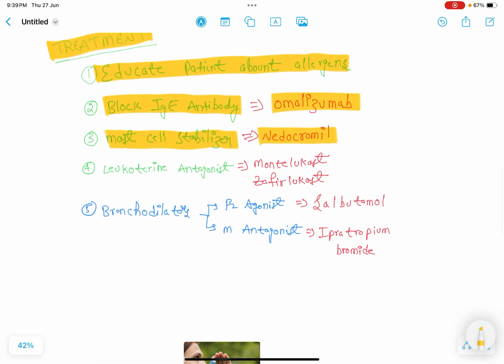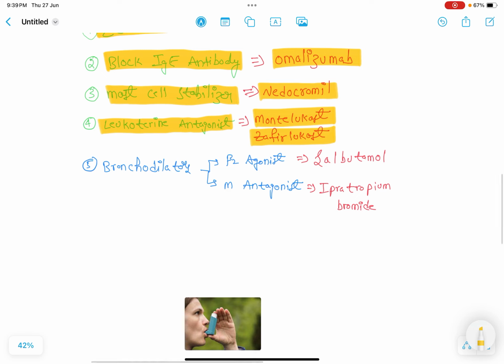Next, we have to give the leukotriene antagonist. We have to stop the activation of leukotrienes. And the examples here are zafirlukast and montelukast. Next, the best treatment, we have to give the bronchodilators.